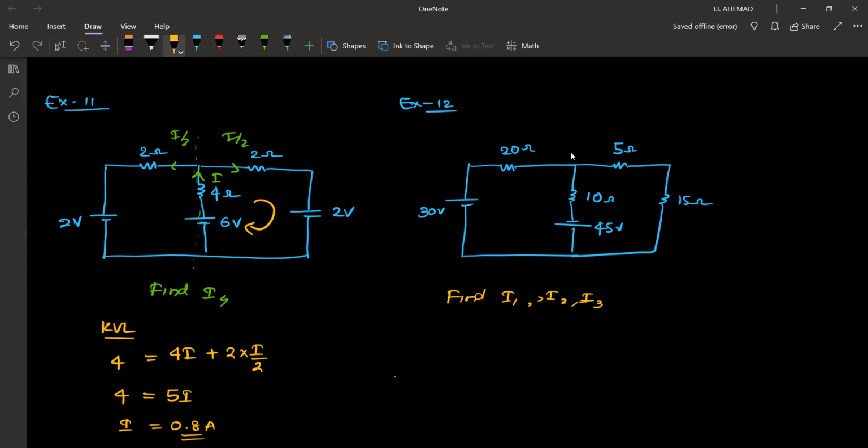So we have that I1, I2, I3. I erase them to do the question. Okay?